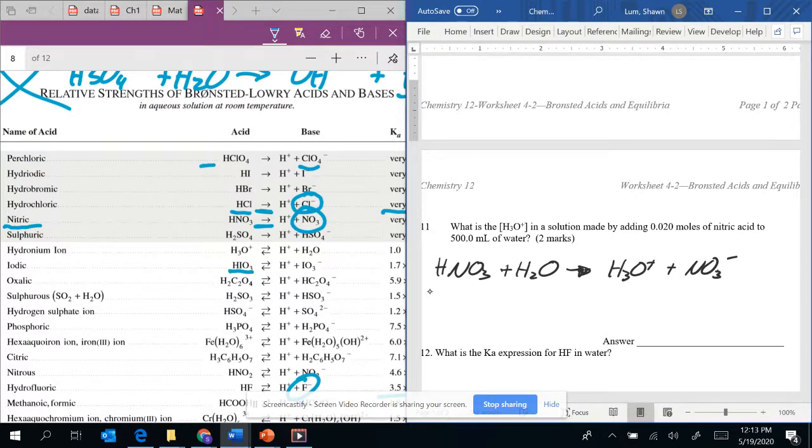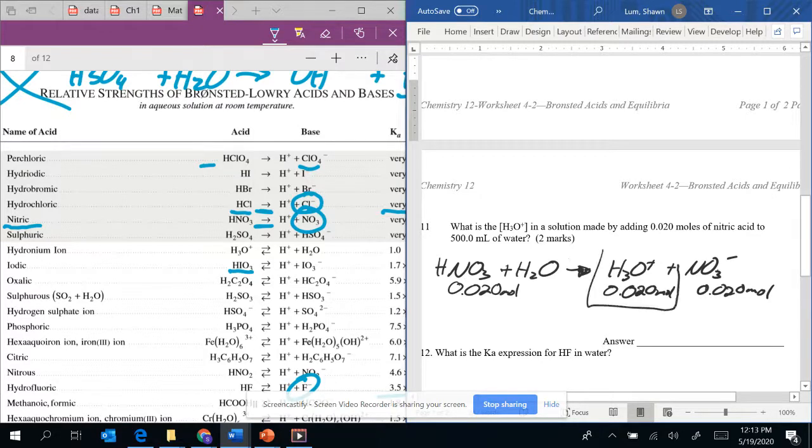If we started with 0.02 moles of this, since it's 100% going and it's a 1-to-1-to-1 ratio, we would end up with 0.020 moles of this and 0.020 moles of this. We want to find the concentration of this one right here.